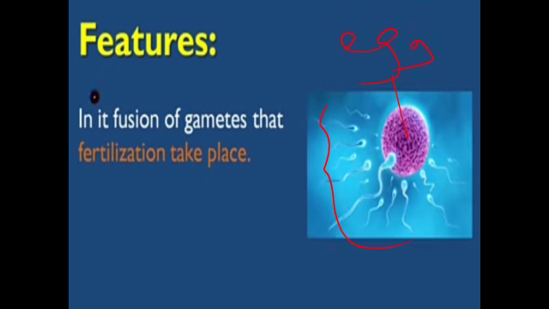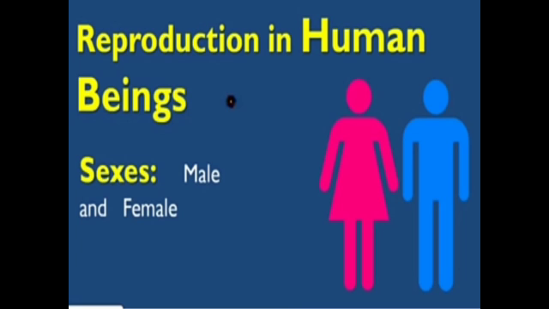This male reproductive part, the sperm, fuses with the egg, and it produces a new individual. Just understand this feature: the fusion of gametes takes place, and the process is called fertilization. This process we will study in detail in this chapter itself.